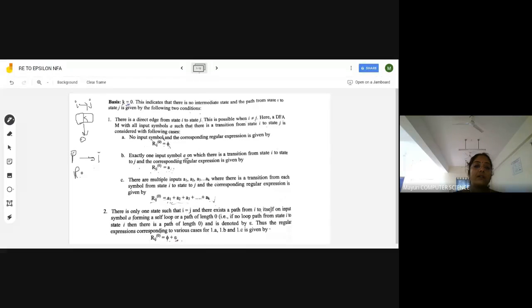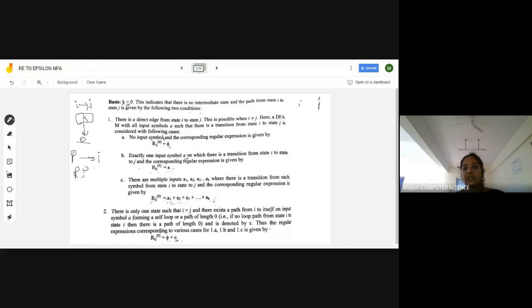R_ij power 0, right? So this indicates that there is no intermediate state, and the path from I to J is given by the following conditions. You are going from I to J with no intermediate state, fine. So I can write that K equal to 0.